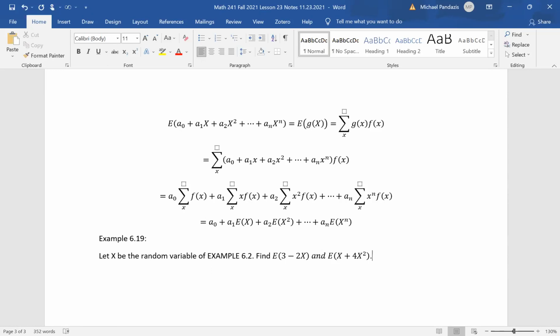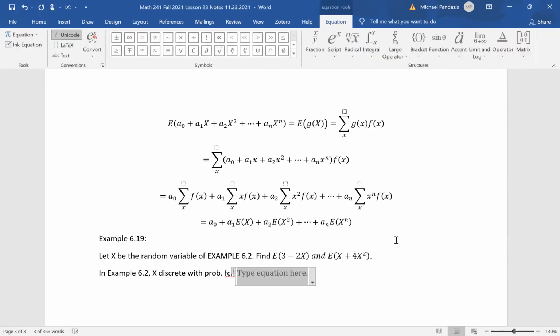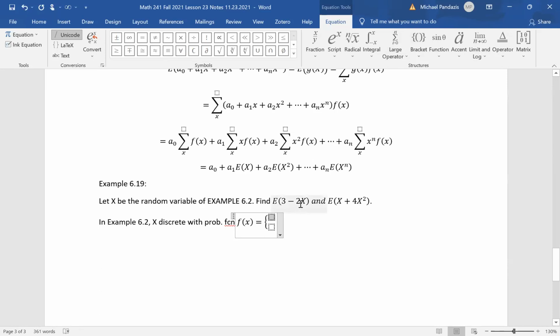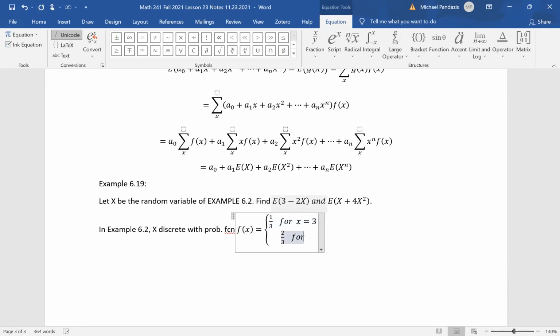Okay, so for example 6.2, X is discrete with probability function f of x equal to one third for x equals 3, and 2/3 for x equals 9.